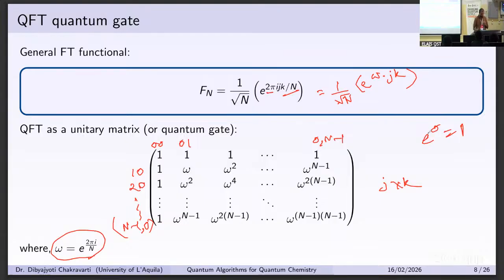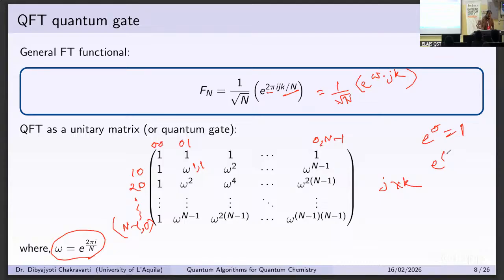Basically in the first row, j is always 0. So any first-row element is exponential of 0, so each element is 1. The first column and the first row will always be 1. The next one is the 1, 1 element.